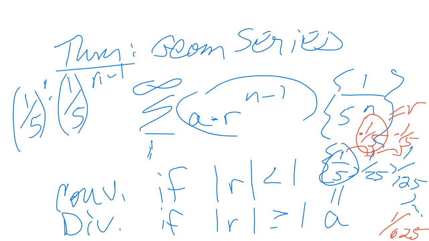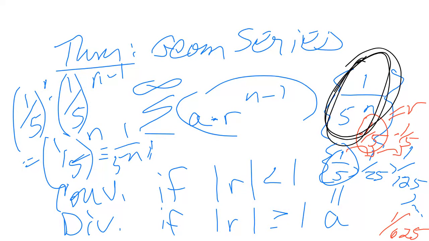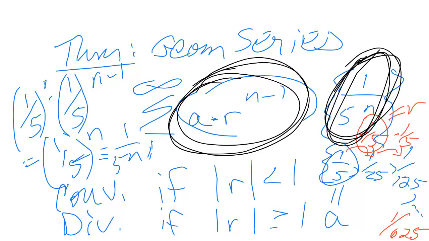We add exponents, and this is equivalent to 1/5 quantity to the nth power, which is also equivalent to 1 over 5 to the n power. So sometimes you've got to let your eyes recognize, hey, this thing, 1 over 5 to the nth power, is actually a geometric sequence, and trying to write it like this can be a little bit awkward when they're the same. Things of that nature.